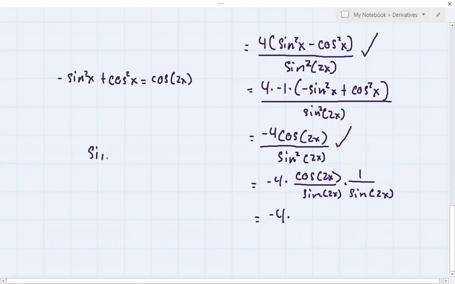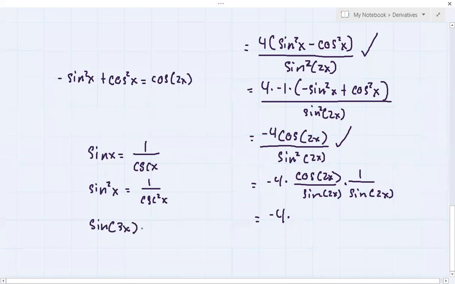Di ba, we have sine x. Kunwari lang. Sine x is the same as 1 all over cosecant x. So kapag meron kang sine squared x, this would be the same as 1 all over cosecant squared x. And kapag meron kang sine of, kunwari, 3x, this would be the same as 1 all over cosecant of 3x.